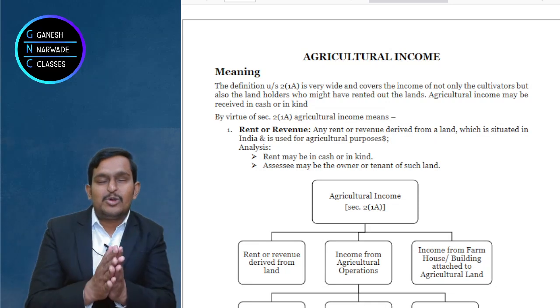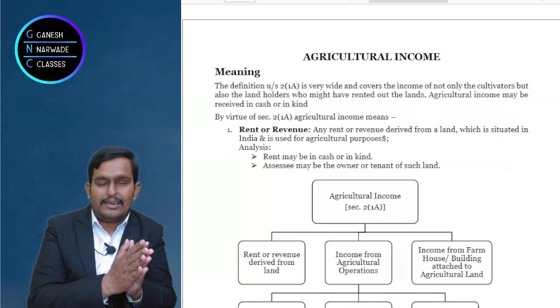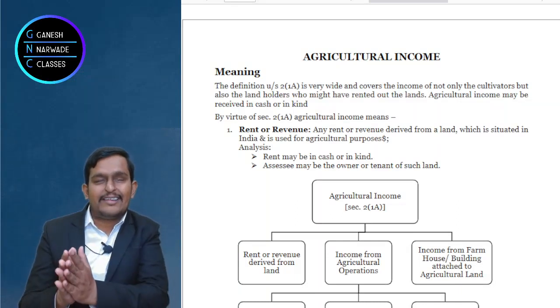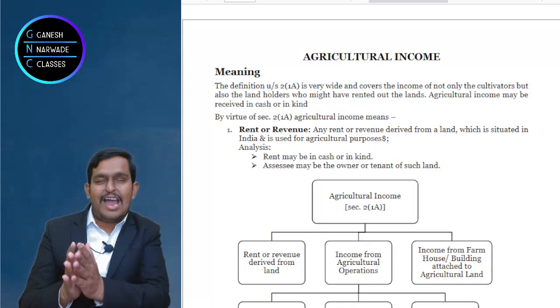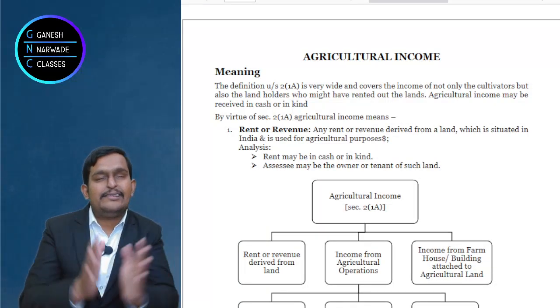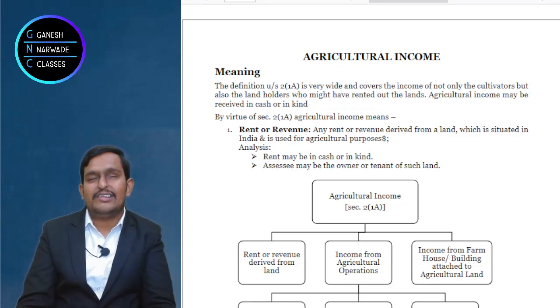So what we need to think is, from a broader perspective, what is agricultural income and what is not agricultural income, and many more things related to it. So we'll discuss everything in this chapter. Just hold on, concentrate, and you will enjoy the whole thing.